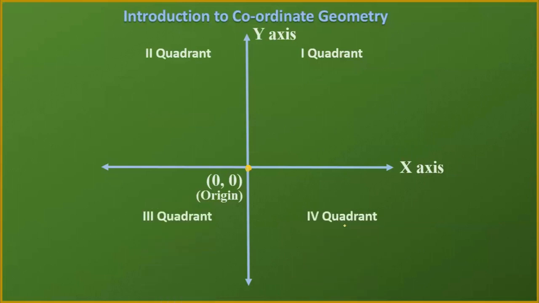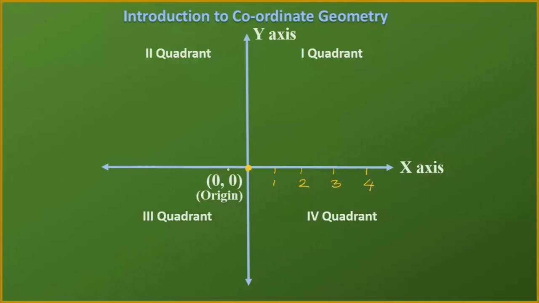So remember, these four quadrants are the four parts of your whole plane, and that plane is divided into four quadrants by the two axes, that is the x-axis and the y-axis. Now remember one thing: the right part of the x-axis is coming on my right side, while this one is coming on my left side. When I take the scale, because I need to define my points, on the right I will take positive 1, 2, 3, 4 and so on.